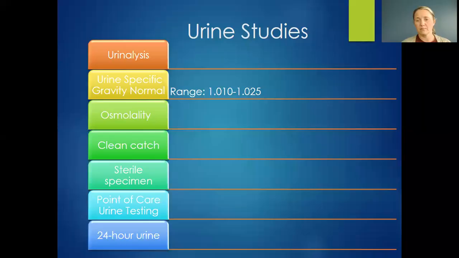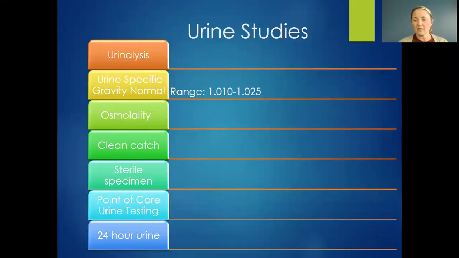And then make sure you unkink your tubing. Put a patient label directly onto it, with date, time, and initials. And also you'll have to indicate the source of where you got the urine, so it would be from the Foley.